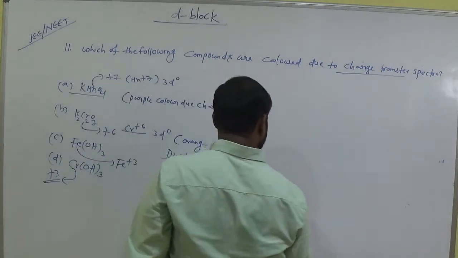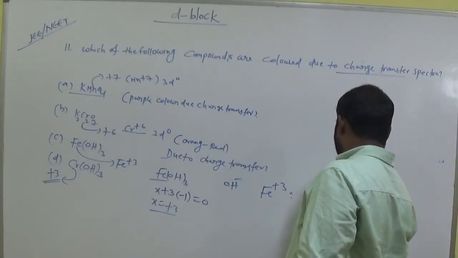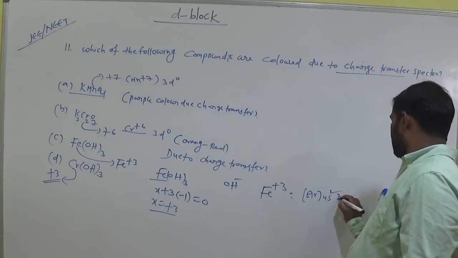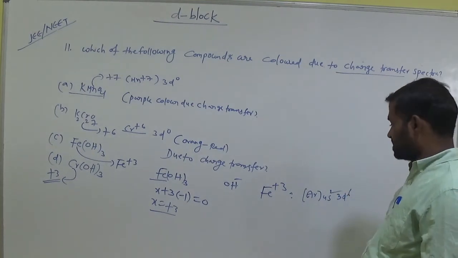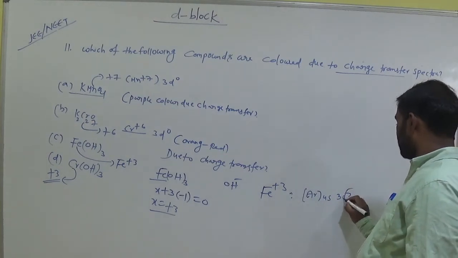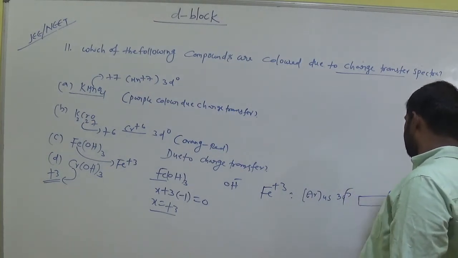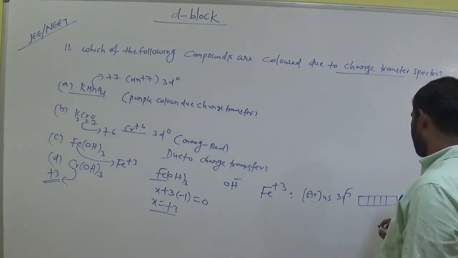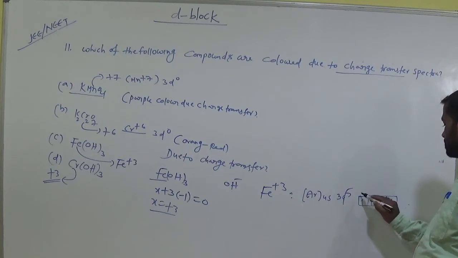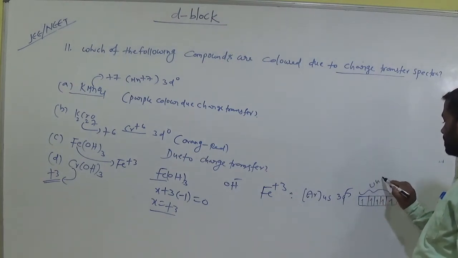And Fe +3 here: argon 4s2 3d6, iron 26. Remove 3 electrons, 2 here, 1 here, giving 3d5. How many electrons are in 3d5? 1, 2, 3, 4, 5. So unpaired electrons are possible.